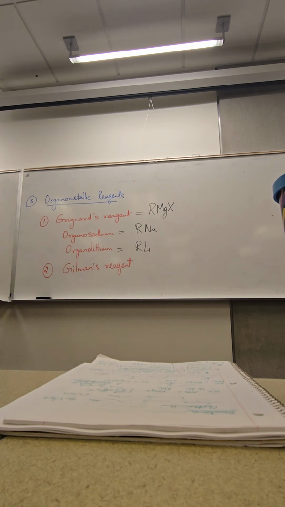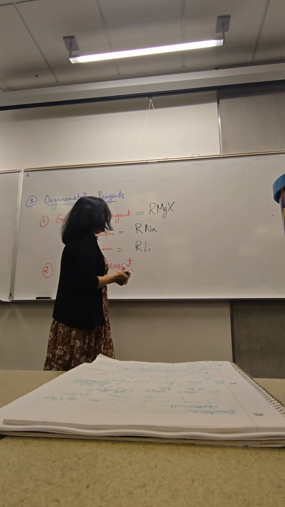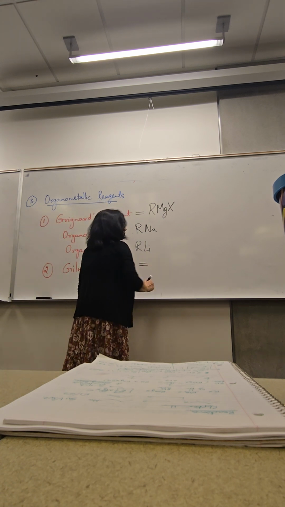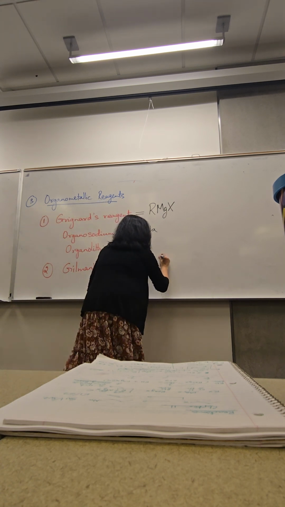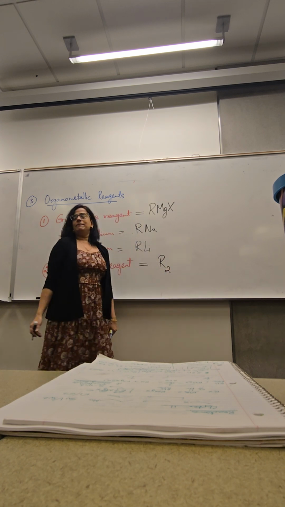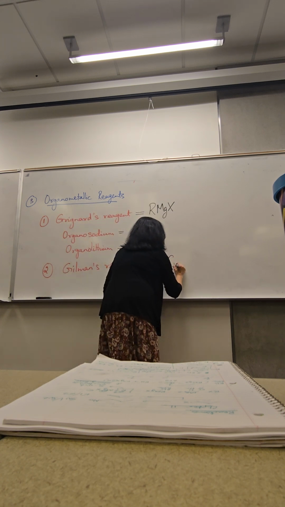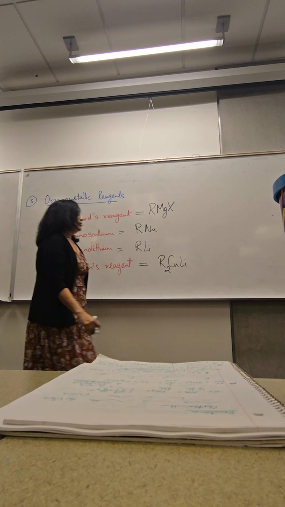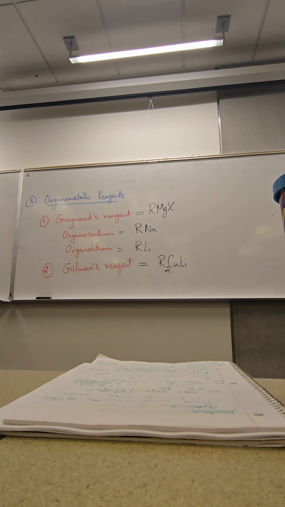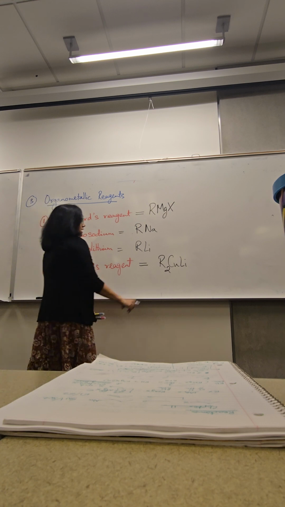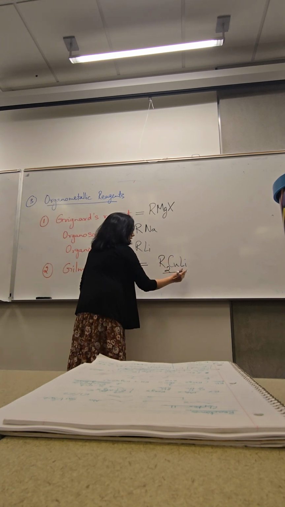I'm out of that game. What is Gilman's reagent? Gilman's reagent is nothing but dialkyl. What does that mean, dialkyl? R2, two of them, copper, lithium. It's lithium dialkyl cuprate. Lithium is just a counter ion. The actual ingredient is the dialkyl cuprate part.